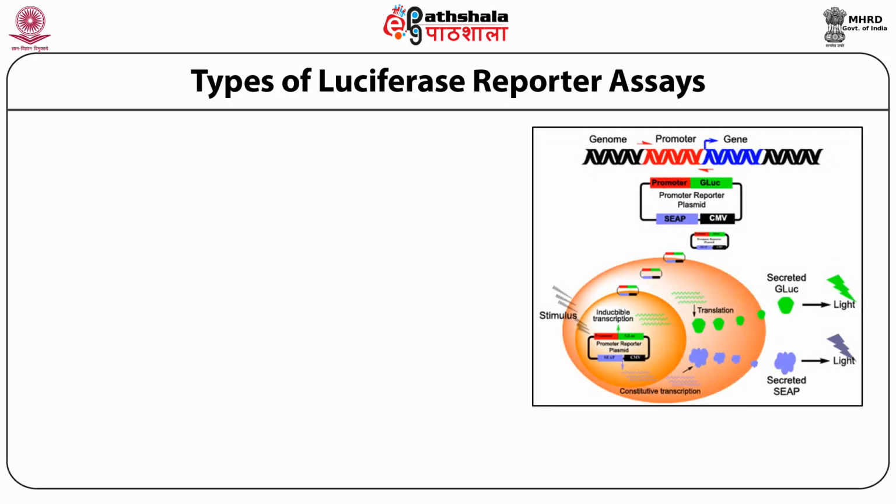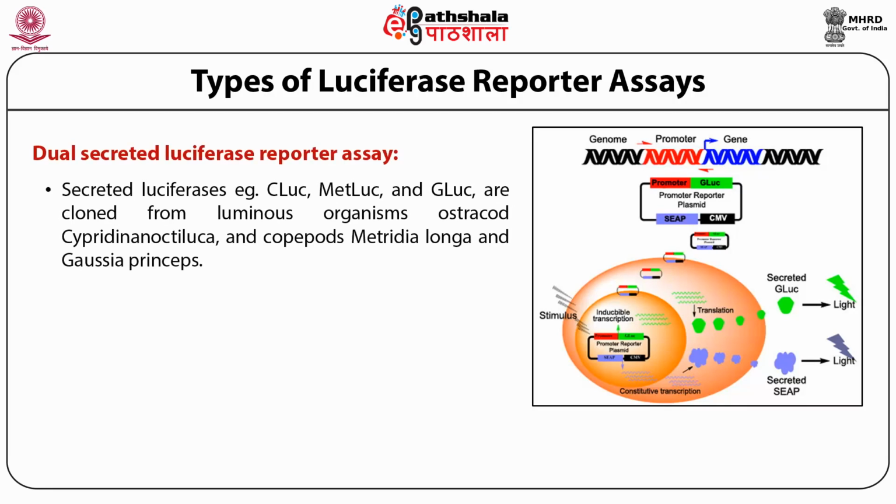This is the third one. Luciferase reporter assay is the dual secreted luciferase reporter assay. You can see in the figure that the secreted luciferases C-Luc, MET-Luc and G-Luc are cloned from the luminous organisms Cypridina noctiluca, Metridia longa, and Gaussia princeps.